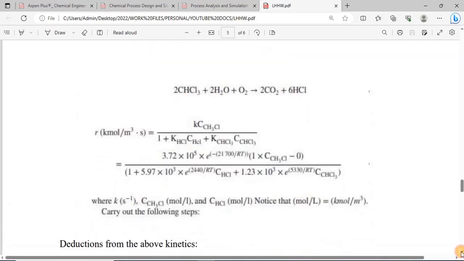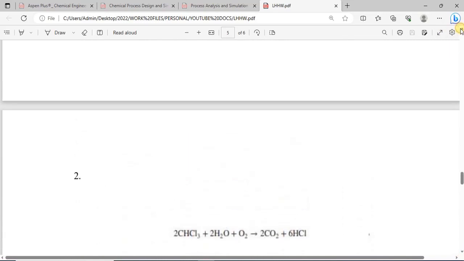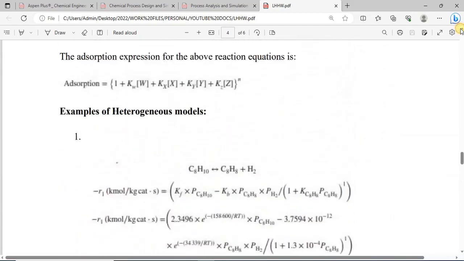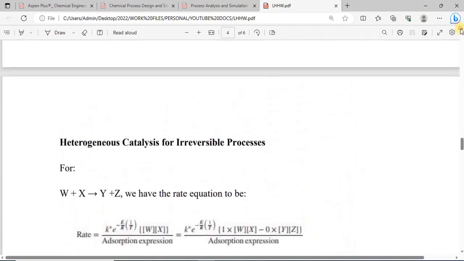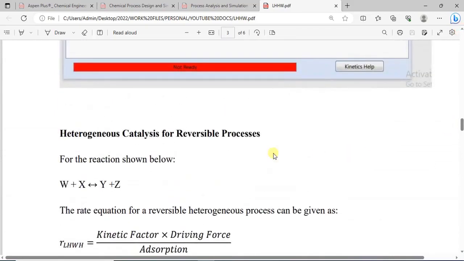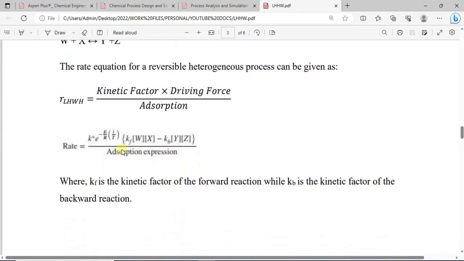Scroll up. Okay, so this is for irreversible. The first one we looked at was for reversible processes, so I skipped that. The first expression we talked about here is for the reversible, right?